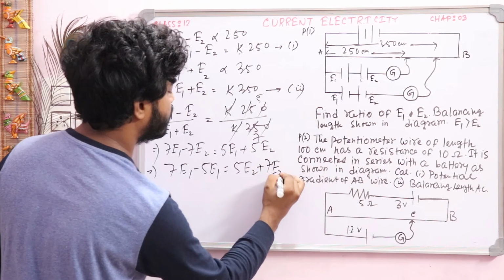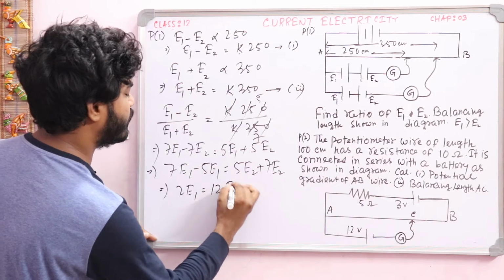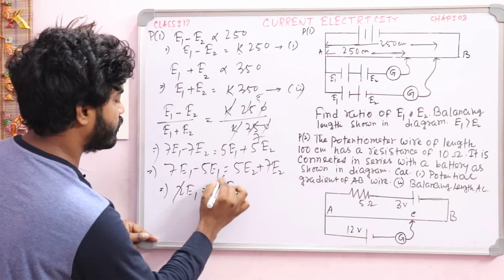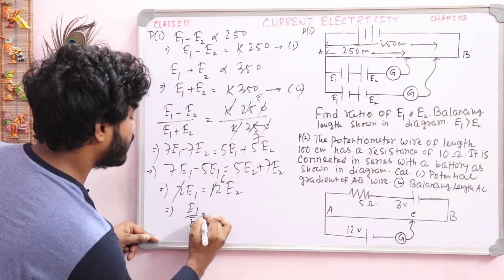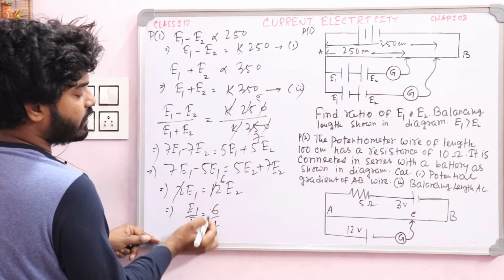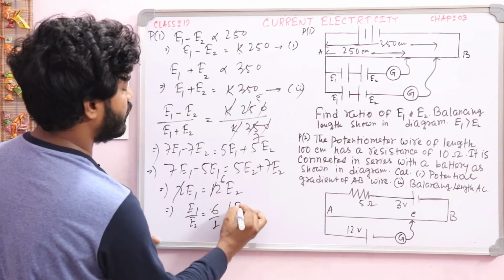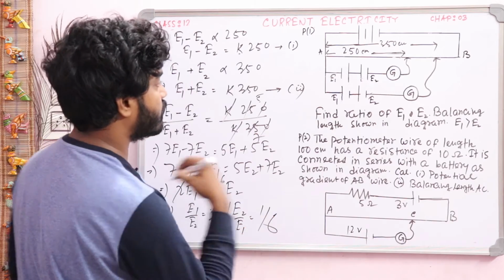That is, 2E1 is equal to 12E2, that is 6. So E1 by E2 is equal to 6:1. E1 by E2, this ratio gives 6:1, or you can say E2 by E1 is equal to 1:6.